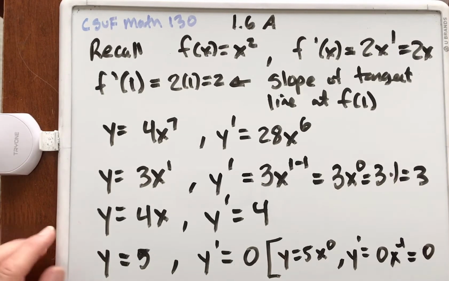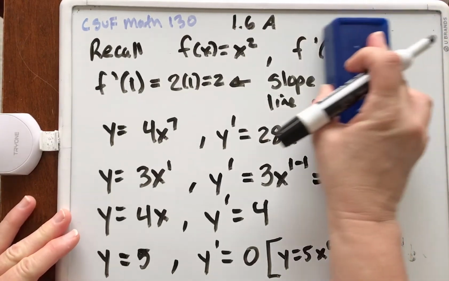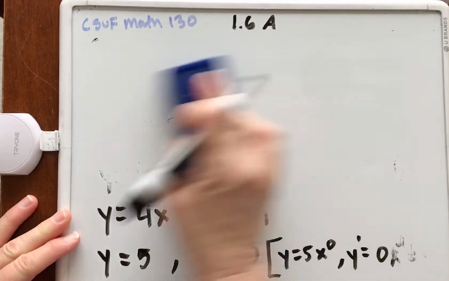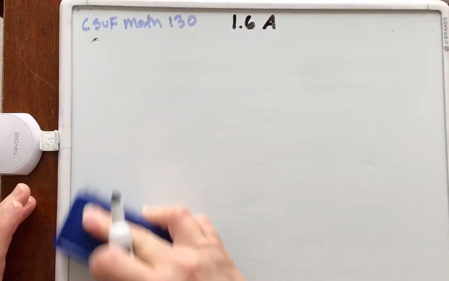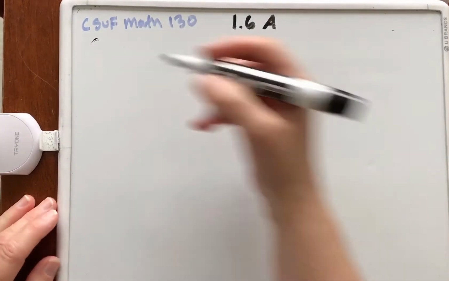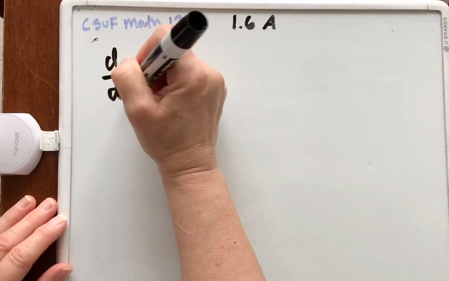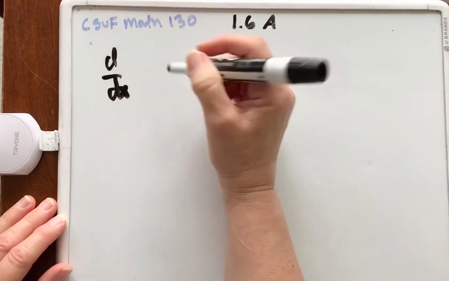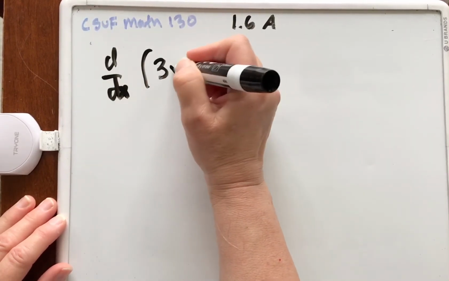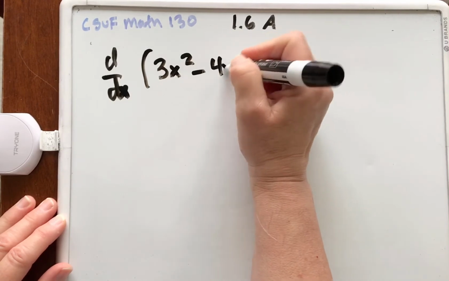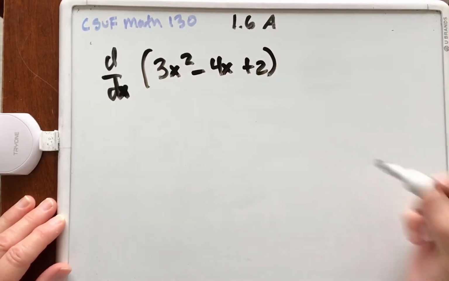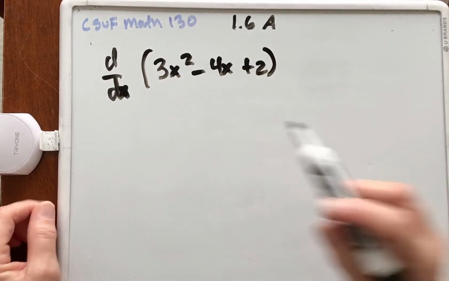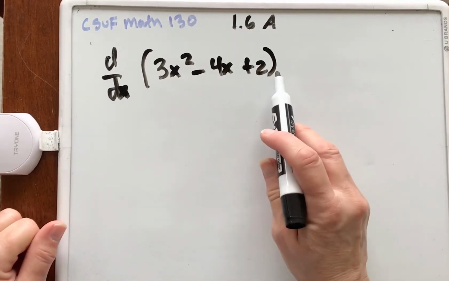Okay, so let's do a little bit more review on a longer problem. Let's do dy dx. This is just another way of saying the derivative of 3x squared minus 4x plus 2. What we do here is we take every term and take the derivative.